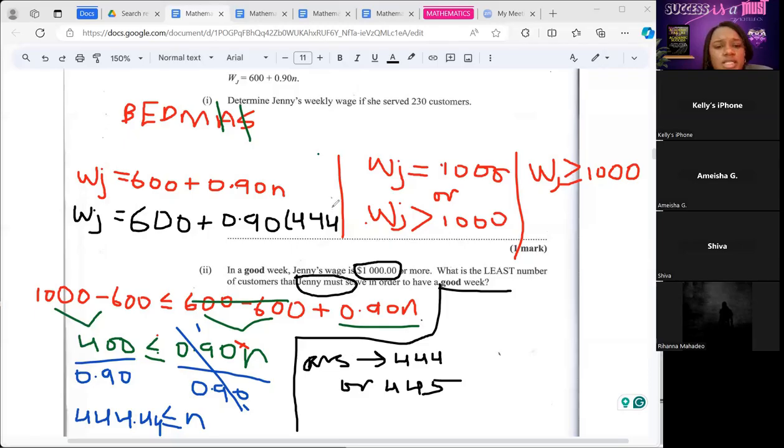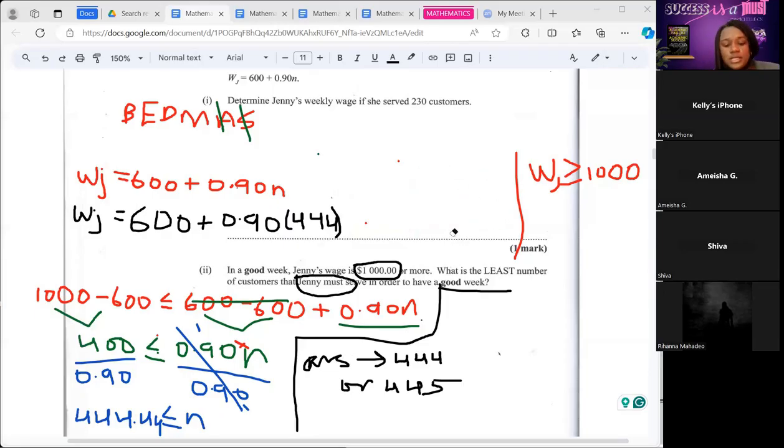You can put it in a calculator, you don't have to do it manually and waste time, even in the exam. That's why you should have a scientific calculator. So 600 plus 0.90 multiplied by 444, you would see you are getting less than 1,000. So then you know it is not 444, and you cannot put it as a number in a fraction.